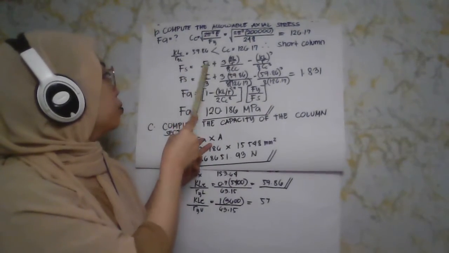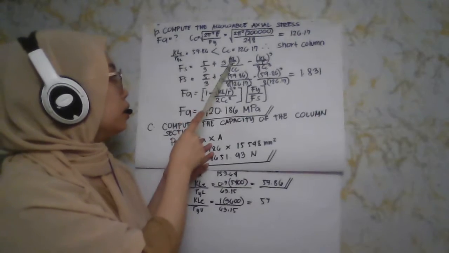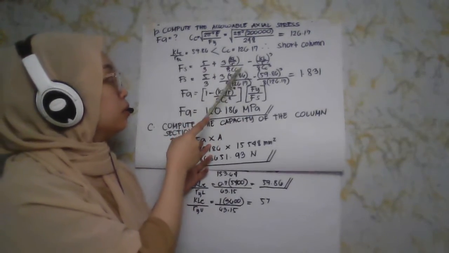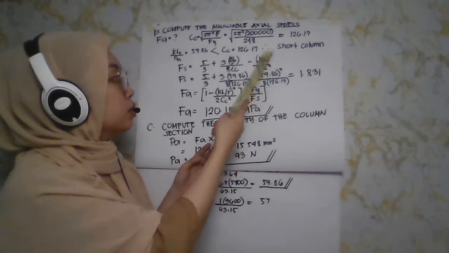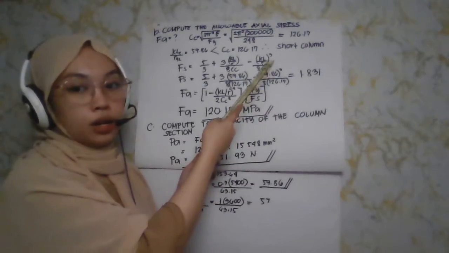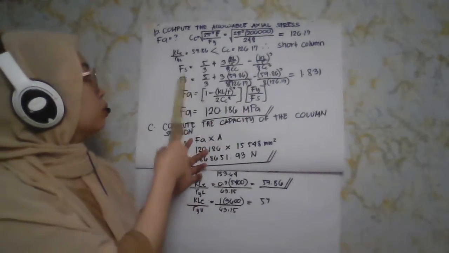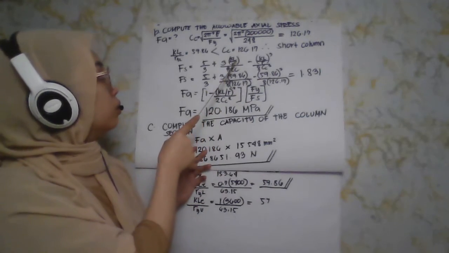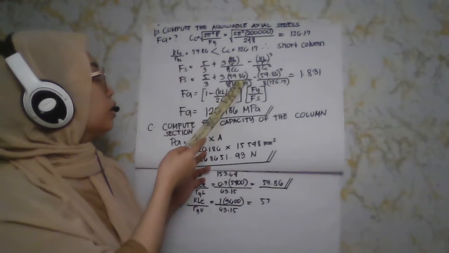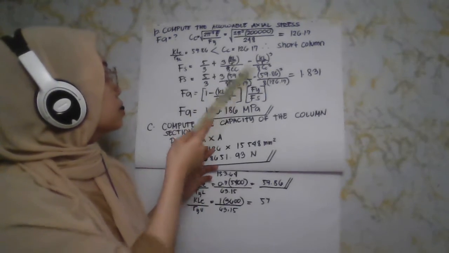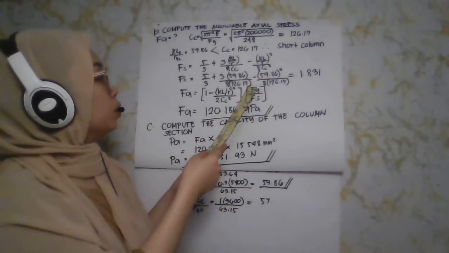So, 5 over 3 plus 3 slenderness ratio over 8 Cc minus slenderness ratio cubed over 8 Cc raised to 3. So, substitute lang natin yung mga given, meron tayong slenderness ratio which is 59.86 and meron tayong Cc 126.17.